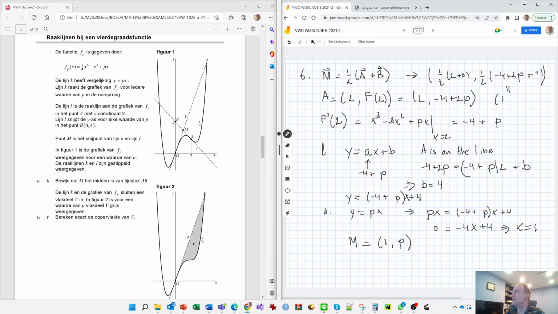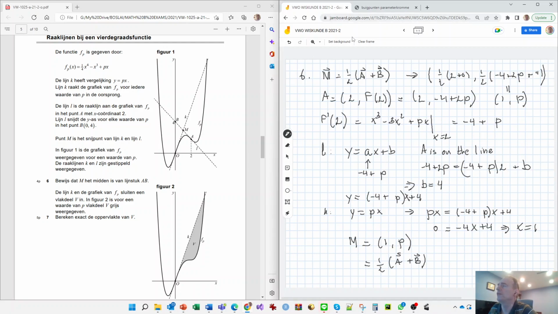This is 2p times 1/2, p. So yes, we've shown that this is actually 1/2 of A plus B, which proves what they wanted to prove.